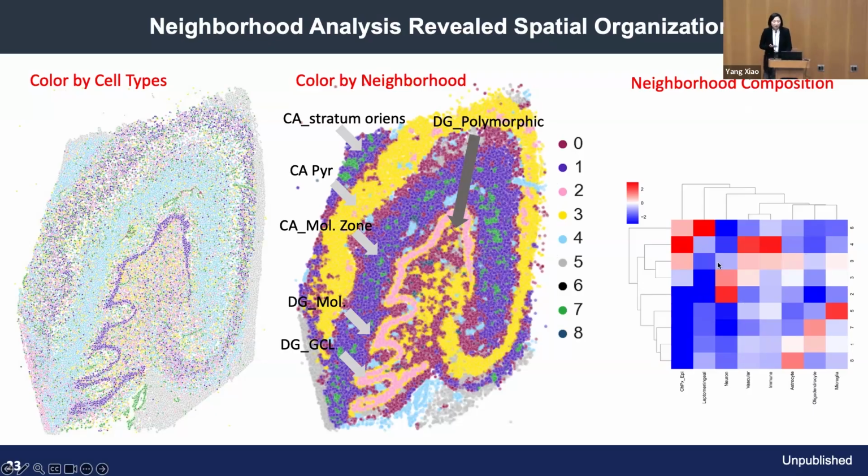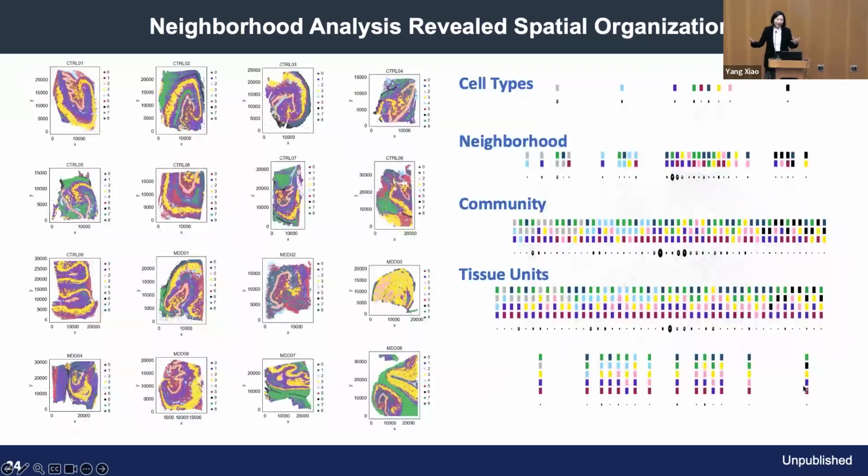The beauty is that when you're scaling up and you have so much data and you don't know a lot of neuroanatomy, this is a very powerful way to identify conserved neighborhoods in different samples. Without even knowing anything about hippocampus, you could identify the cornu ammonis marked by the yellow here and the dentate gyrus marked by the pink here.